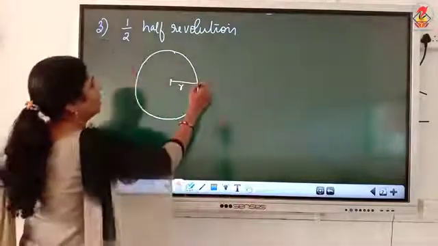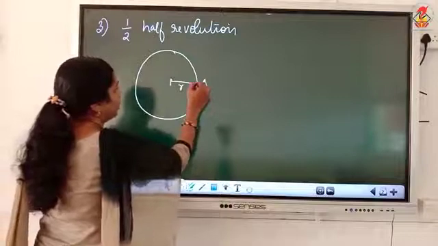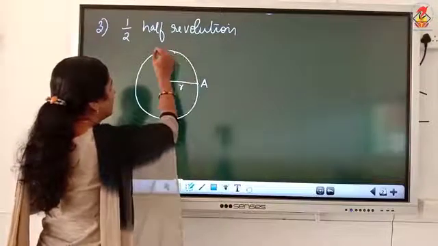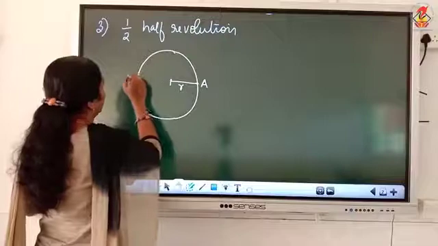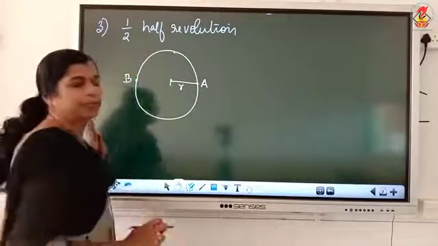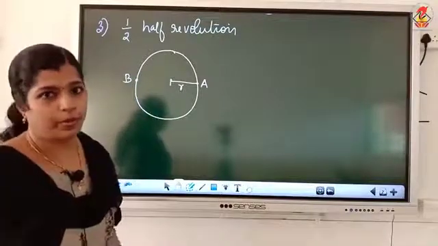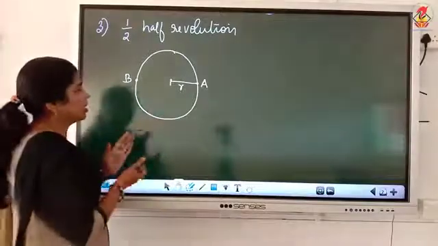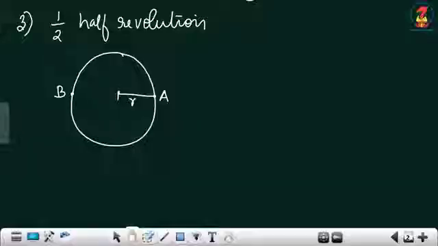Suppose the object starts from here, it travels through this path and reaches this point B. So, half revolution. What is the distance travelled from A to B? What is the displacement from A to B?